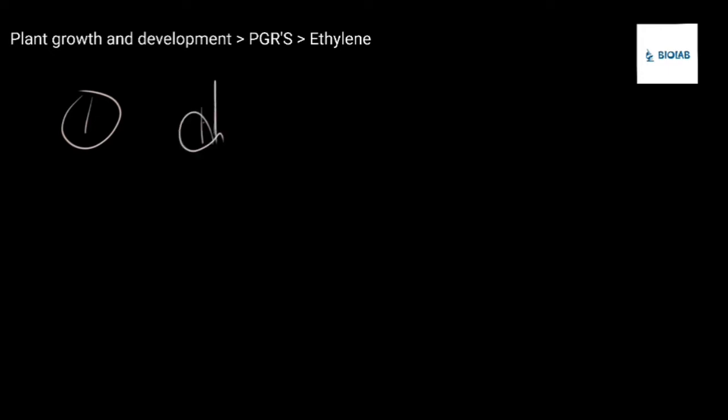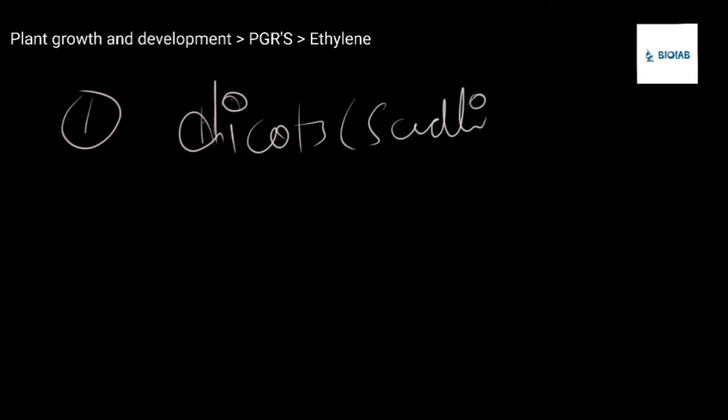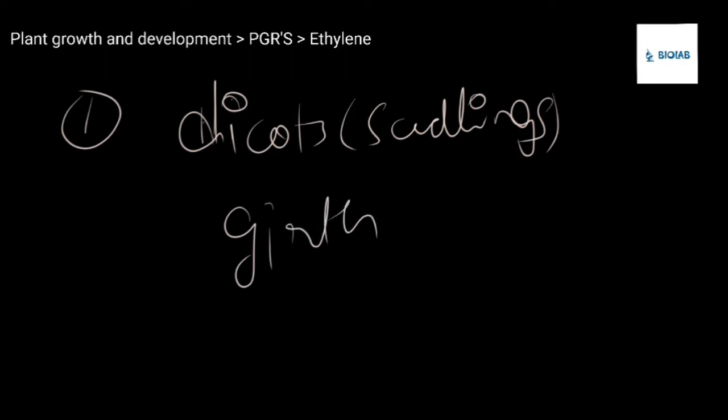Basically, in dicot seedlings, ethylene increases the girth of the seedling. Girth is increased by ethylene.